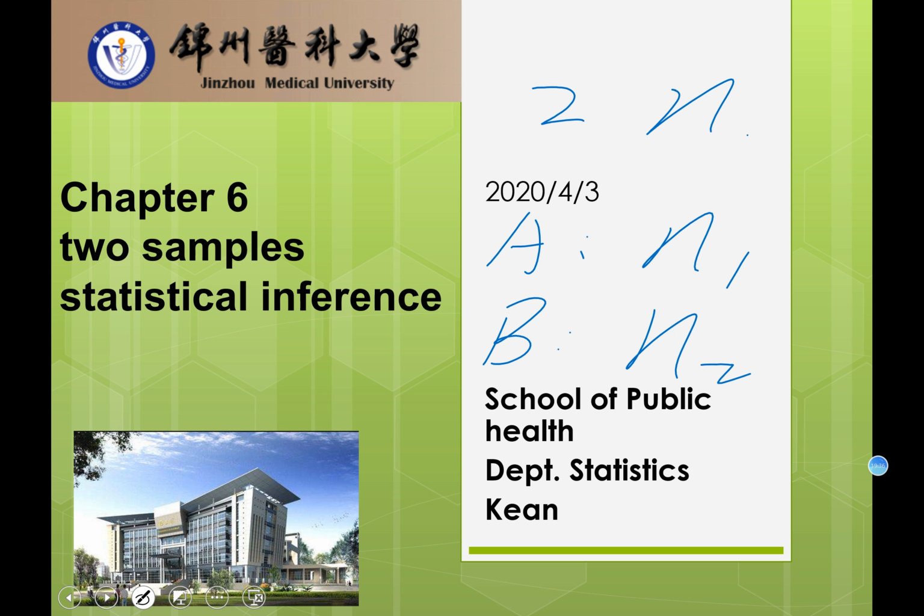These two numbers represent the number of persons or individuals. That means it is a question about two samples, not one sample.